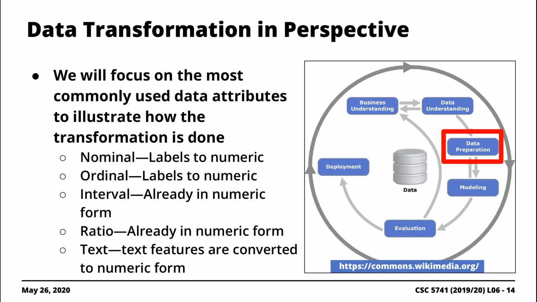So our focus in this lecture series is just going to be on how to transform nominal attributes, ordinal attributes, and text, right? We won't really look at interval or numeric attributes because they're already numbers, right?